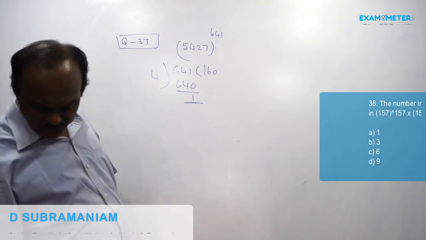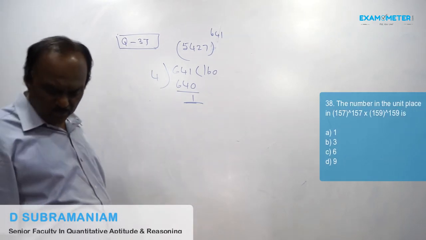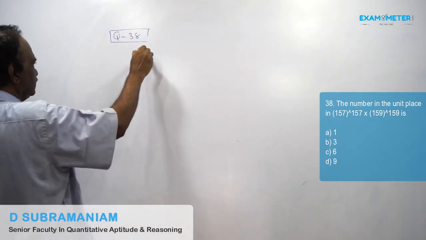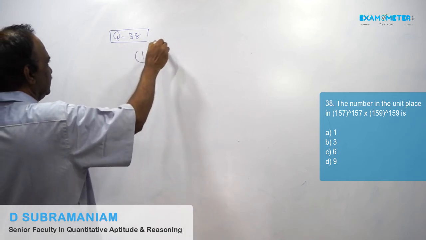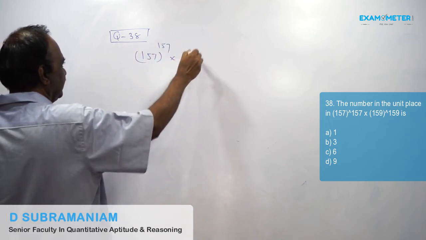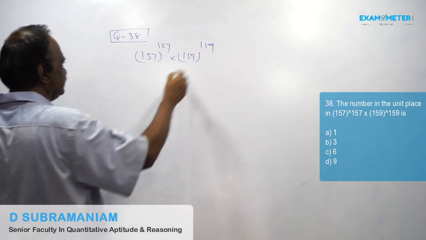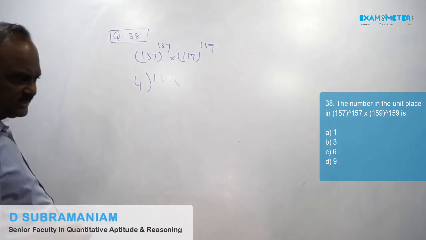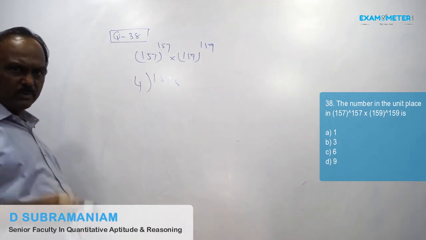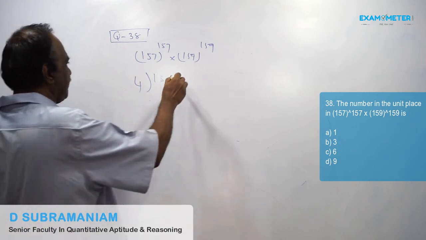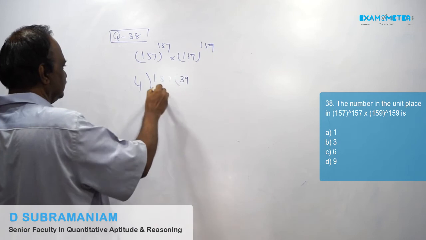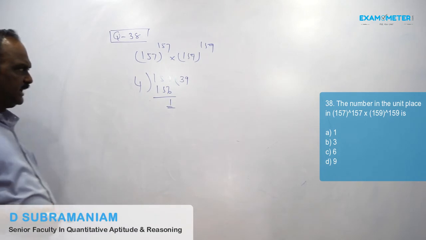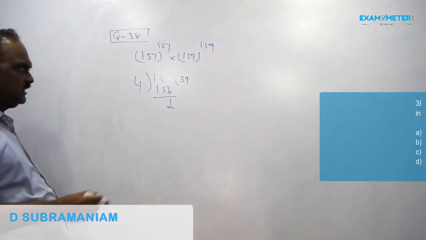The number in the unit place of 157 to the power 157 into 159 to the power 159. As far as 7 series are concerned, after every 4 places, unit place is the same. The remainder is 1, unit place is 7.